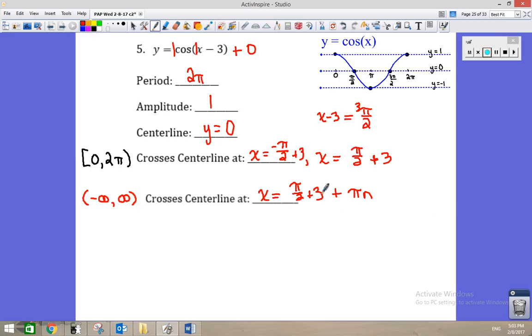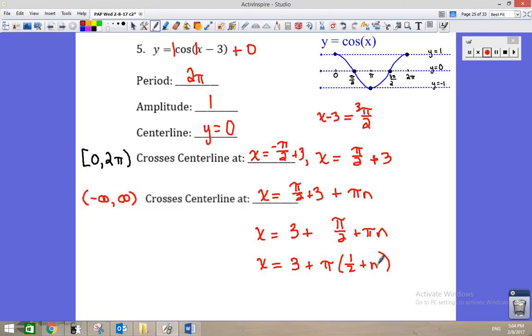Now, you'll see some people factor out a common pi and have 1/2 plus n, but I don't see where that's really going to get us anything.